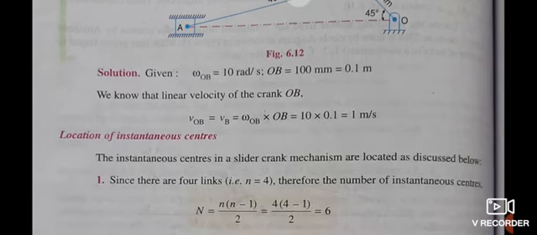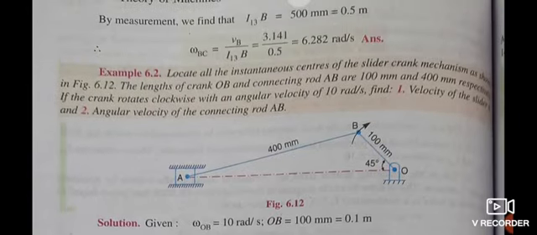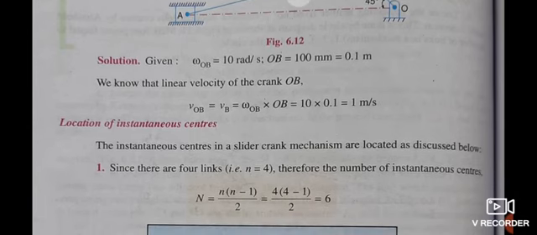So the data given are omega OB equal to 10 radian per second, and OB is 100 mm, that is 0.1 meter. We know that the linear velocity of the crank, VOB equal to VB, equals omega OB into OB, equal to 10 into 0.1, that is 1 meter per second.